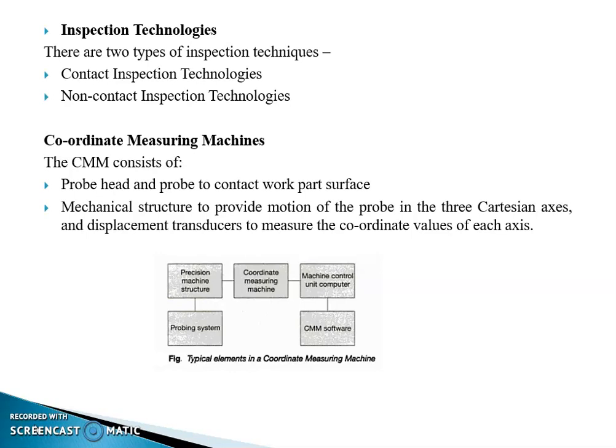There are some advantages of non-contact inspection techniques over the contact inspection techniques. The first one, they avoid possible surface damage that can be caused upon the contact. That is, while working through the probe, it will have a direct contact with the workpiece, so there is a chance of damage.